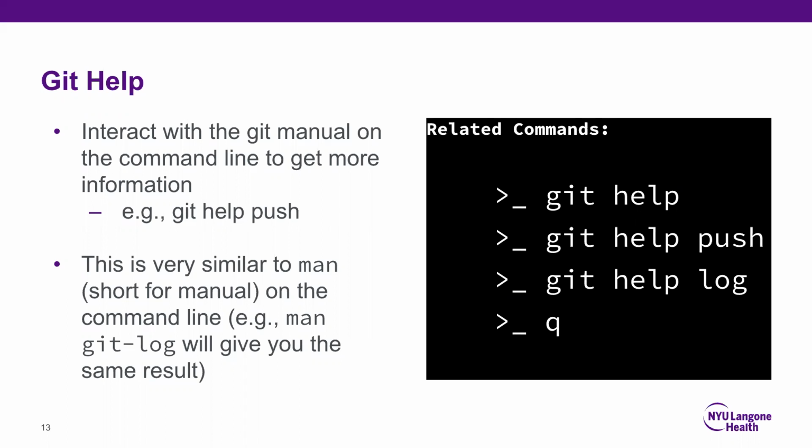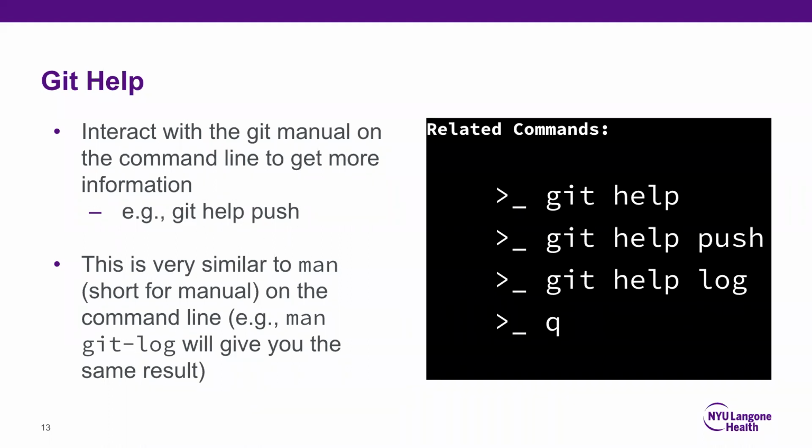There's also a Git manual, which you can access on the command line. You just do git help and the name of the command you want information on. In this case, I could just do git help push on the command line or Git Bash, and it will show me the manual entry related to push.